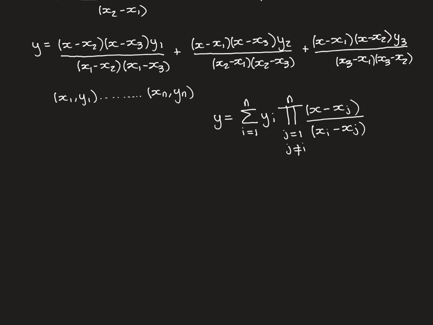So let me explain this. We have our function in x, y, is going to be equal to the sum from i equal to 1 to n of all of the y values of the points, yi, times this structure here. Now, each of the yi's is equivalent to these.